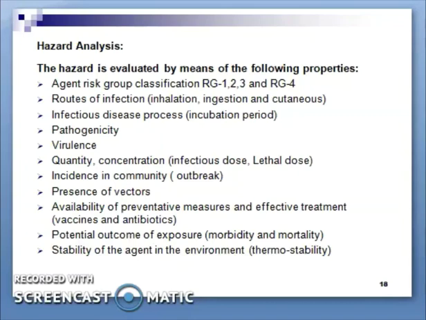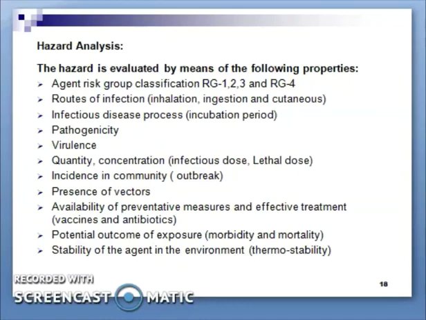Route of infection means that the pathogen is transmissible by the route of inhalation, ingestion, or cutaneous. Infectious disease process means incubation period. Pathogenicity of the pathogens or the microorganisms, virulence of the pathogens, quantity, concentration, infectious dose, lethal dose, incidence in a community outbreak.